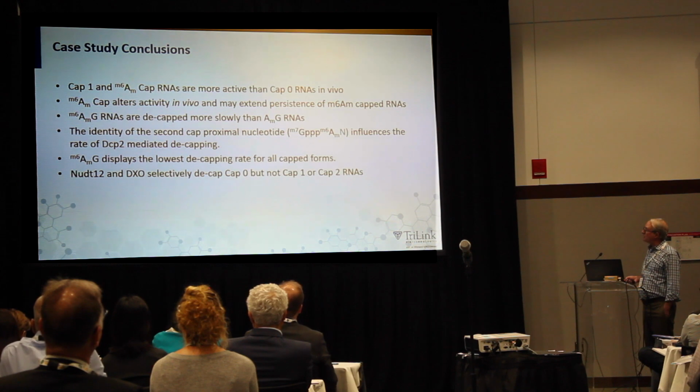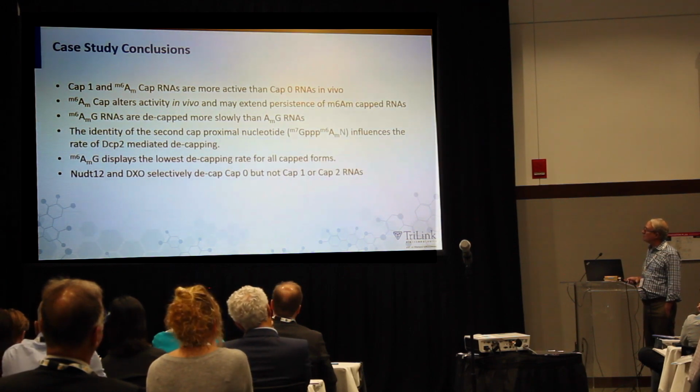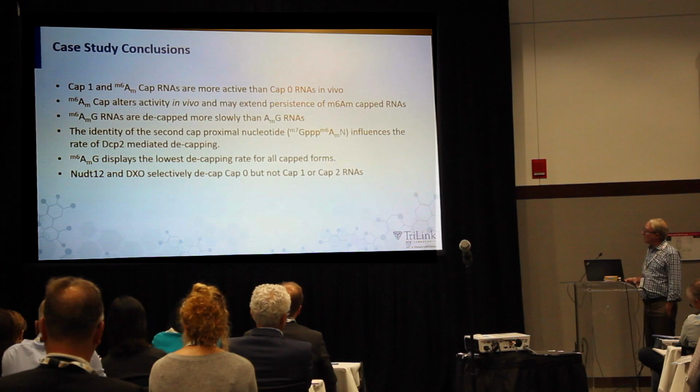We found that M6-AMG RNAs are decapped more slowly than AMG RNAs, and that the second cap proximal nucleotide influences the rate of DCP2-mediated decapping, and that M6-AMG displayed the lowest decapping rates for all the cap forms that we tested. And lastly, there are some decapping enzymes that seem to selectively decap cap0.